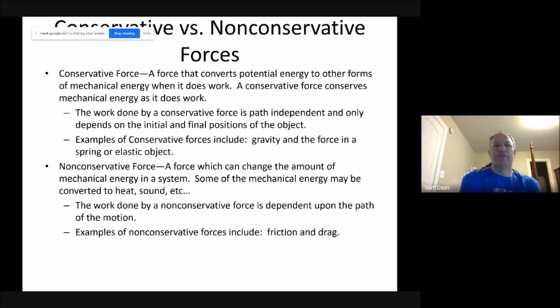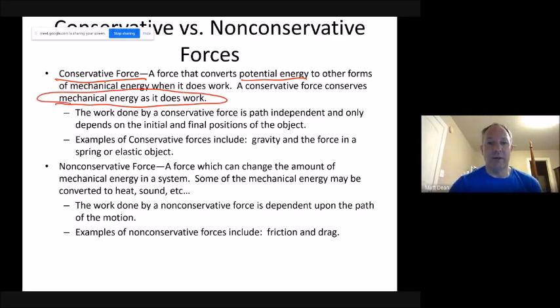Something else we'll mention briefly here, let's talk about conservative versus non-conservative forces. I'm just going to read the definition to you. A conservative force is a force that converts potential energy to other forms of mechanical energy. Typically, that's going to be kinetic, or maybe another form of potential energy. A conservative force conserves mechanical energy as it does work.